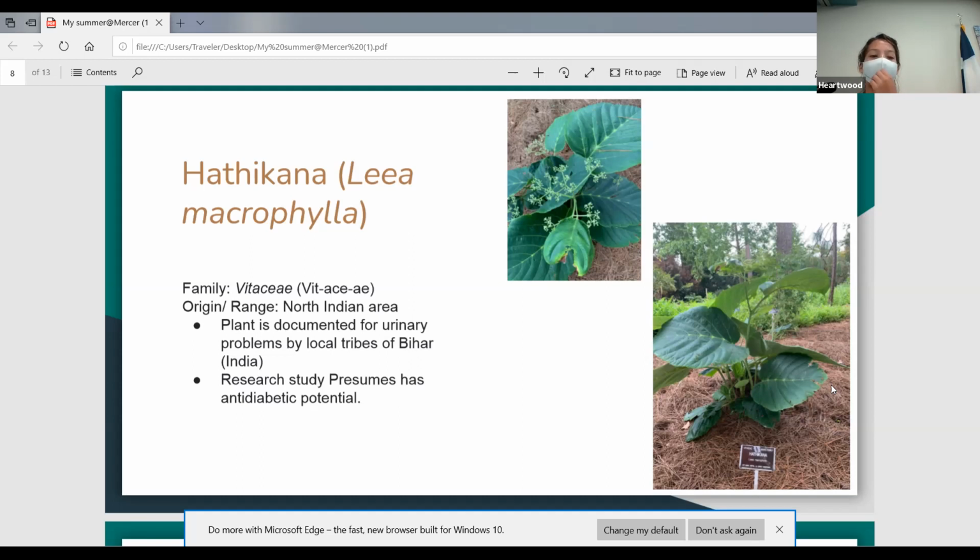It exhibited repair to damaged pancreatic beta cells, which is pretty significant because those are one of our cells that restore or synthesize insulin and such. But yes, it exhibited repair of those in rats that were diabetically induced.